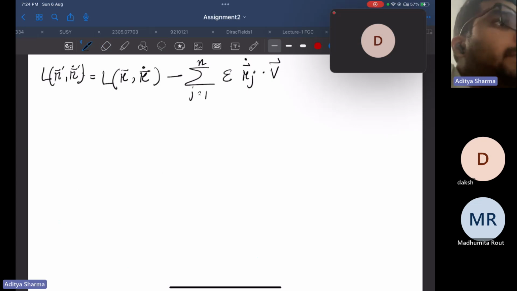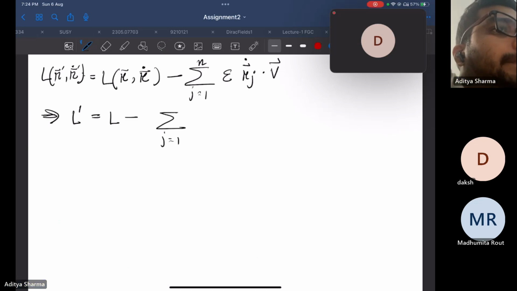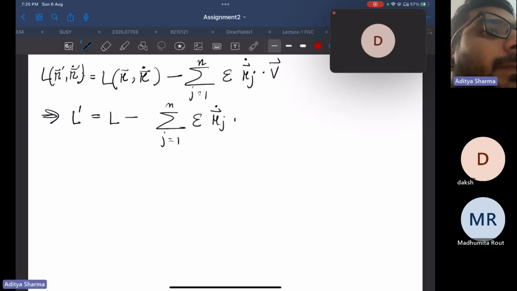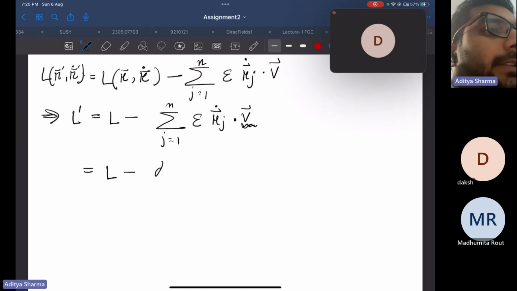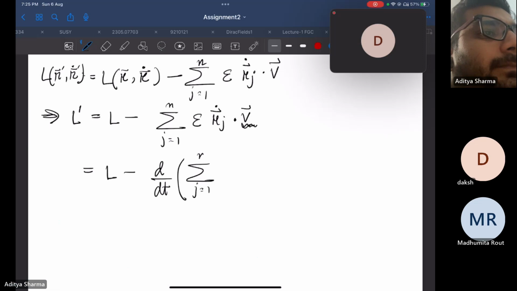Therefore, the new Lagrangian, which I'll denote as L prime, is equal to the old Lagrangian minus something. Now this v is a constant vector, so the derivative can be taken out. What I mean to say is you can write this thing as d/dt of epsilon, which is outside, times r_j dot v.